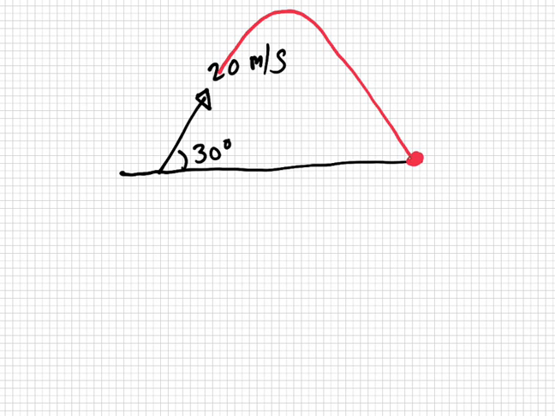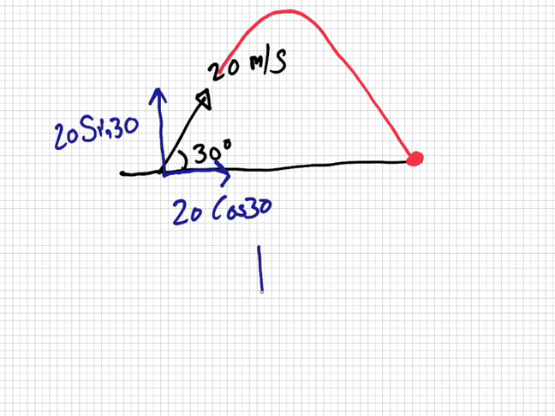You'll notice that the problem here is you do not know the horizontal and the vertical. But what do we do? Resolve. So how big is this one here? 20 cos 30. And then this one? 20 sine 30.